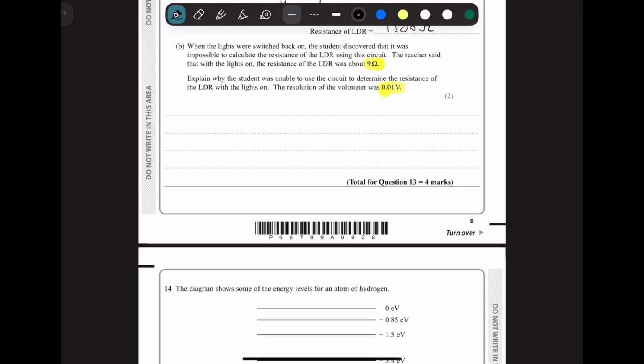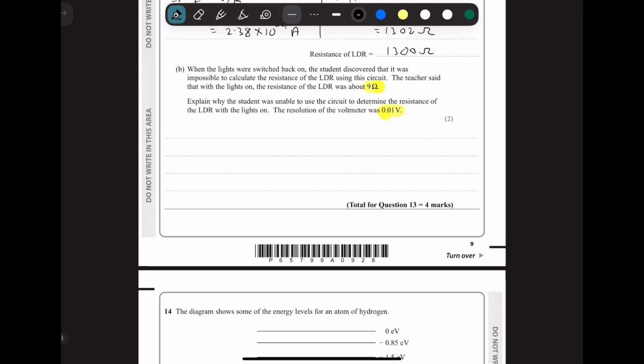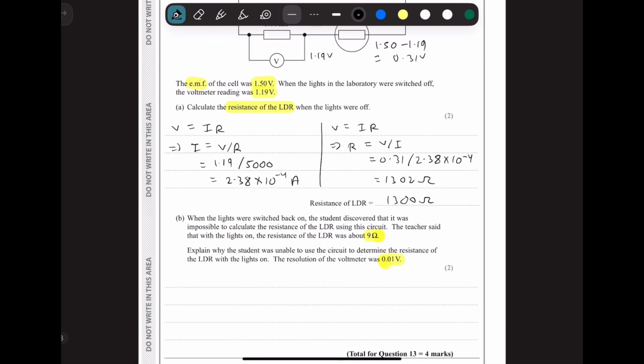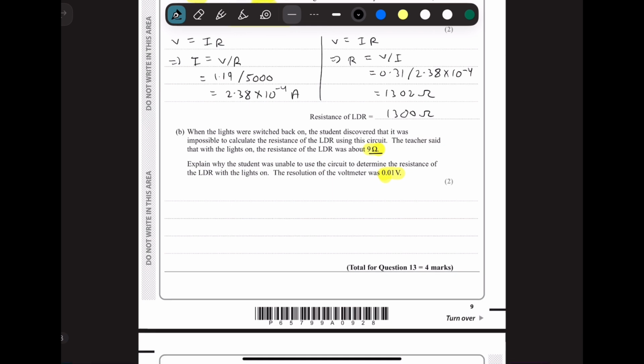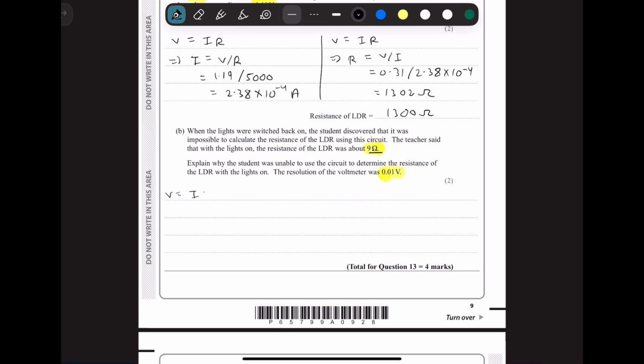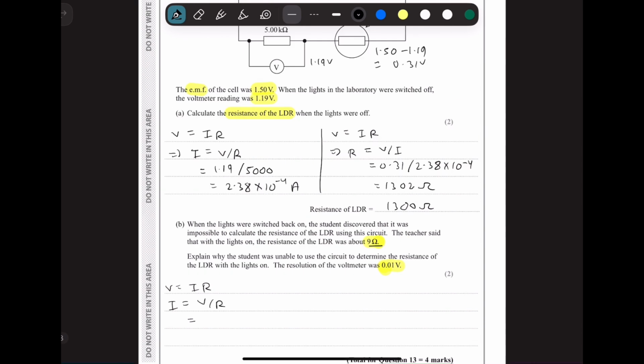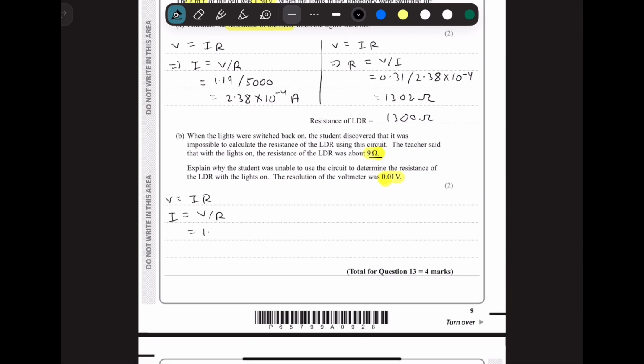First of all, we have to find the total current in the circuit. We know the total resistance of the circuit is 5 kilo ohms, that is of the fixed resistor, plus 9 ohms, that is of the LDR. By using that, you can find the total current in the circuit. So again, V equals IR, I equals V over R, and V was 1.5 volts, and R is 5,000 plus 9.